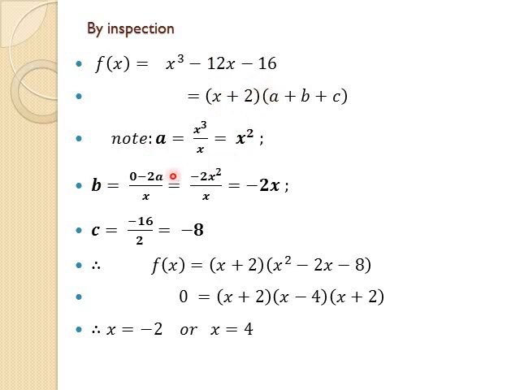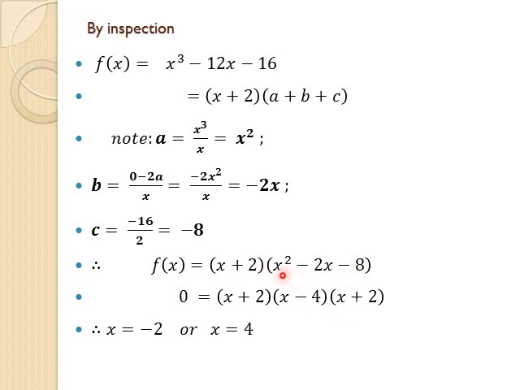So to get rid of that, minus 2x squared divided by x would give me minus 2x. So minus 2x in the place of b times x would give me negative 2x squared, plus 2x squared gives me the 0x squared. For c, 2 times negative 8 would give me negative 16. So if I factorize, x plus 2, x squared minus 2x minus 8.